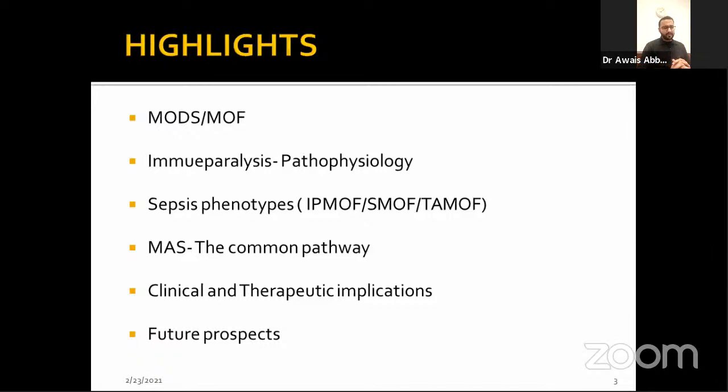After that, we will discuss the individual sepsis phenotypes, that are IPMOF, TAMOF, and SMOF. That will lead us to MAS, the common pathway, the macrophage activation pathway. At the end of the presentation, we'll touch on the clinical and therapeutic implications, and we will discuss a few of the future prospects that we think can be pursued.